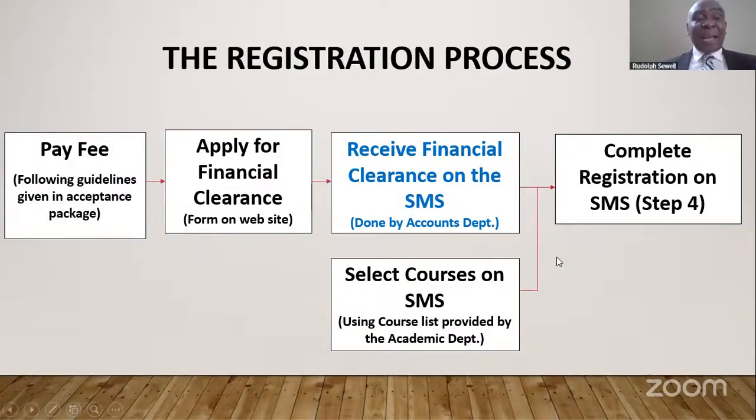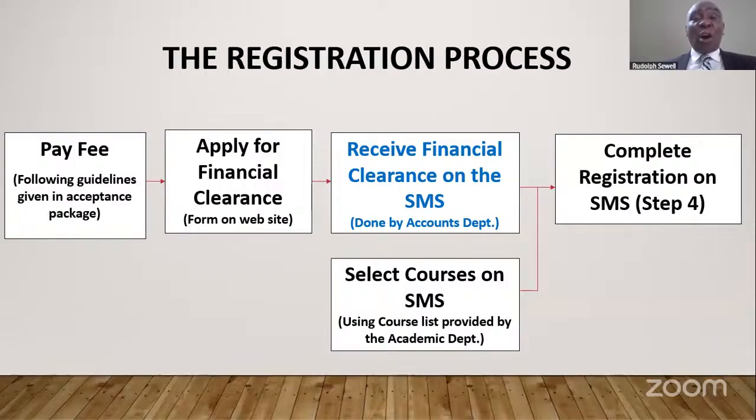The reason for that is that, with the exception of those persons doing what we call the post-diploma 2-year degree and or graduate students, you do not pay per credit. So therefore, the fee is already fixed. You would get your fee information, you can pay the fee using the regulations, using the payment plans, etc., and you apply for financial clearance, and again, that form is on the website.